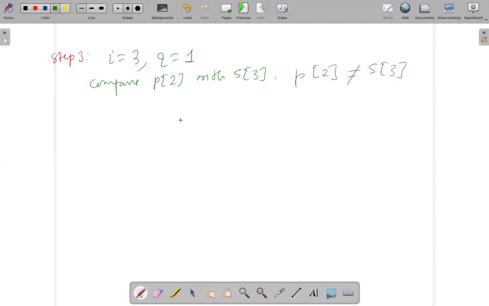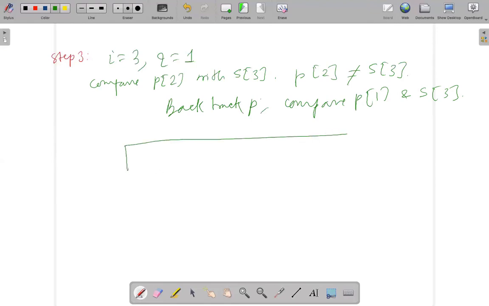So we will backtrack on P, and compare P1 with S3. At this point, the position of the two pointers are as follows.